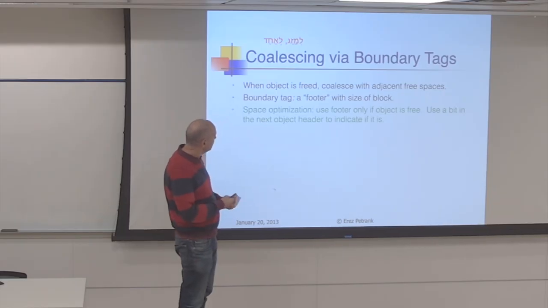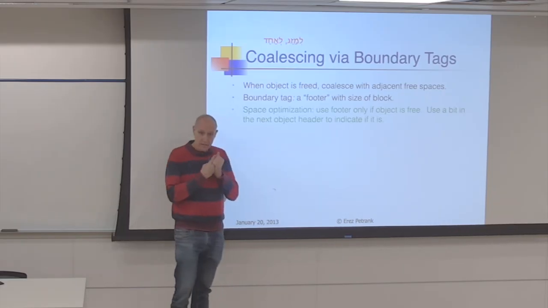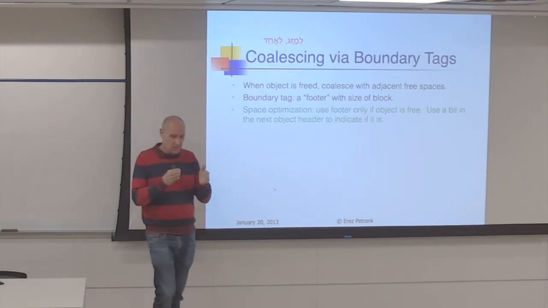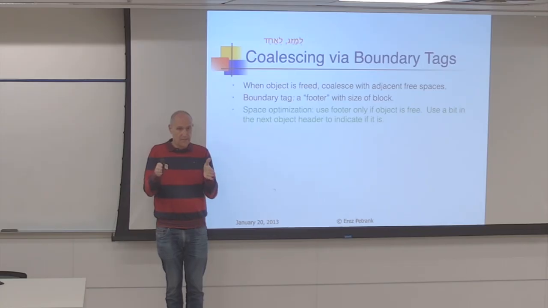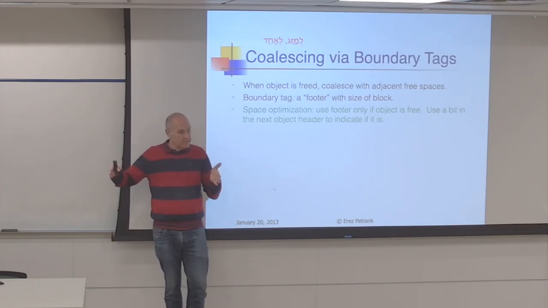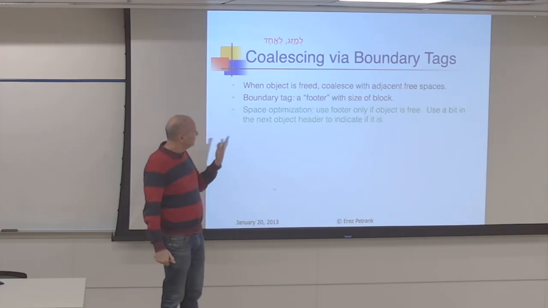Okay, and now there is a coalescing thing. If you are releasing an object, there is a question whether the space before or after it is not allocated, and then you can coalesce them into a single free space. And you can do that.